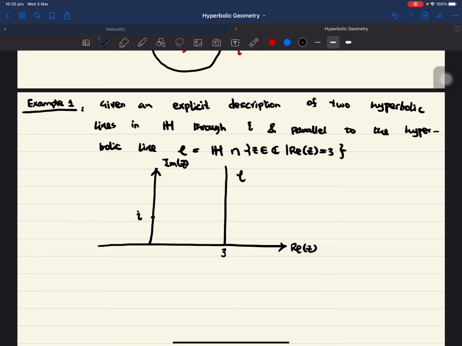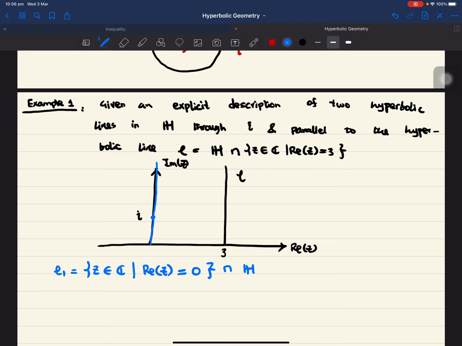And that's I. So clearly we can construct our first hyperbolic line as just a Euclidean line passing through I and parallel to the real axis. So the first line we have is L1, the set of complex numbers in the complex plane such that the imaginary part is 1, intersected with the hyperbolic plane, of course.